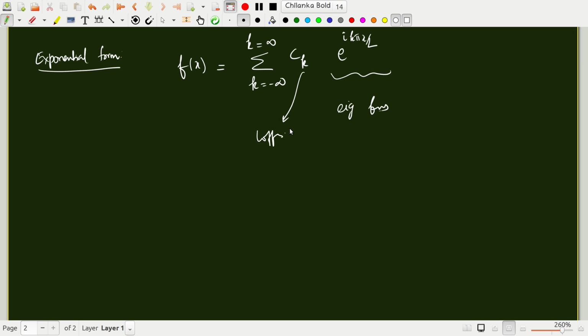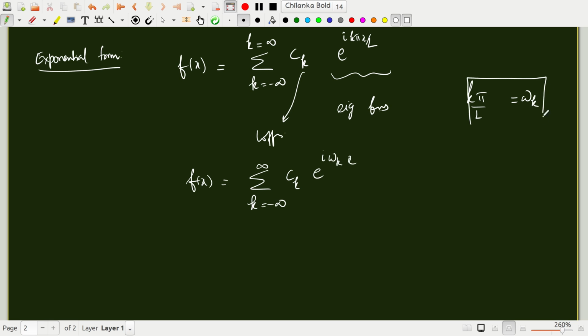So you can in fact call k pi by L as omega k. You can write f of x as summation k equal to minus infinity to infinity of ck e to the i omega k x. This is another example of Fourier series in terms of exponentials.